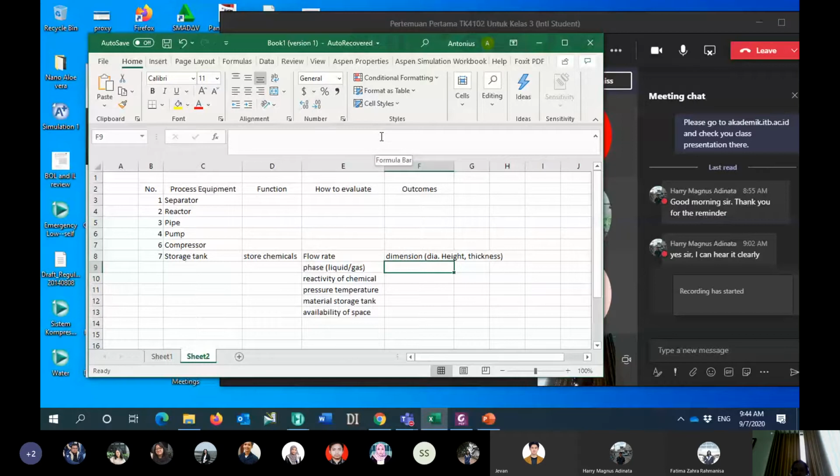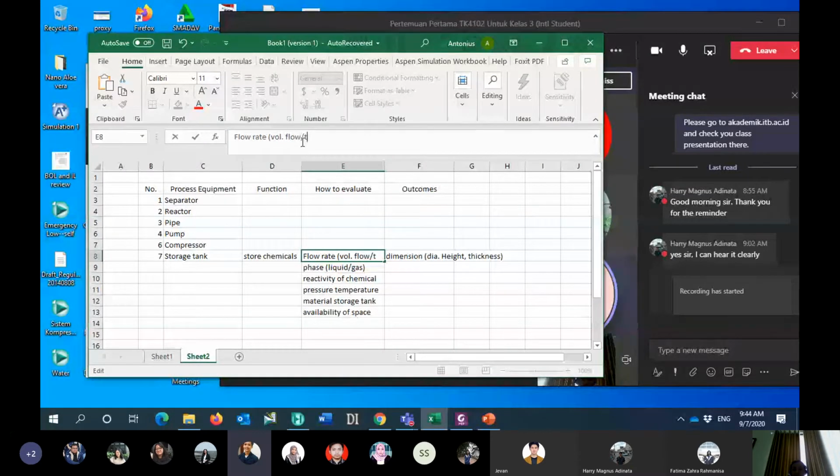So it depends on the flow rate. Is it correct? But the flow rate has a unit. Flow rate here usually has the unit of volumetric flow per time basis.